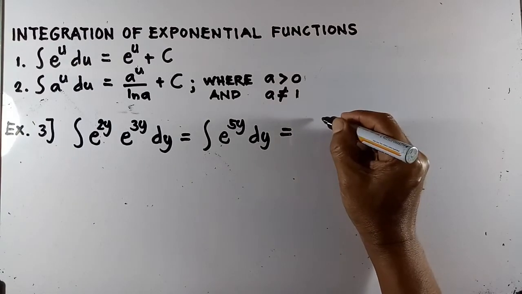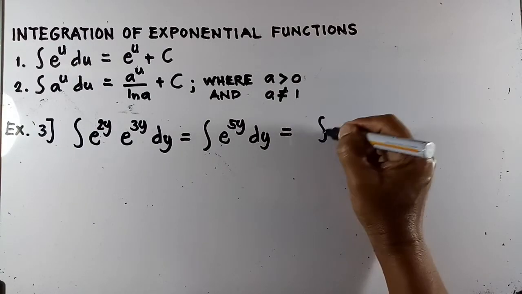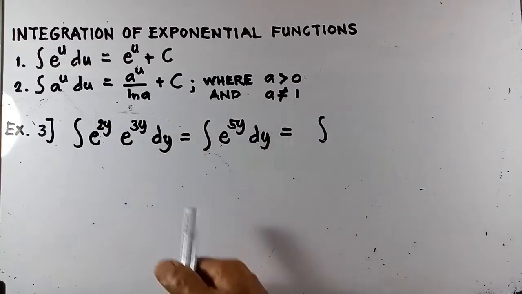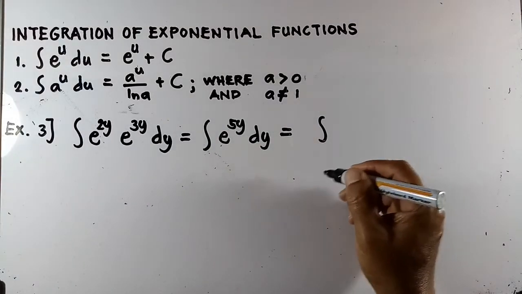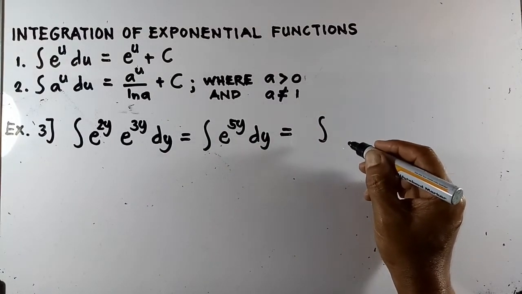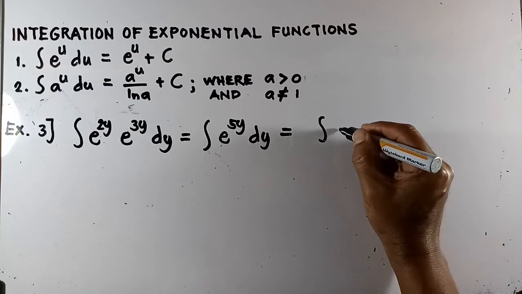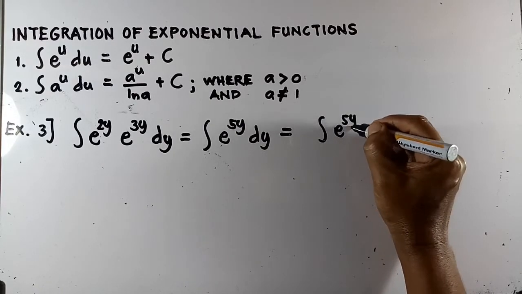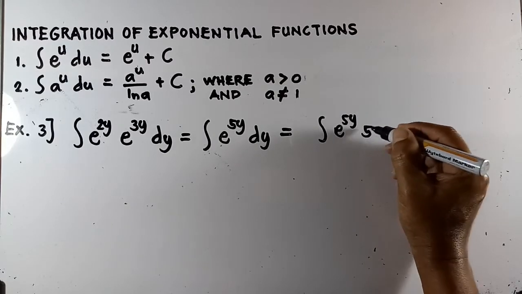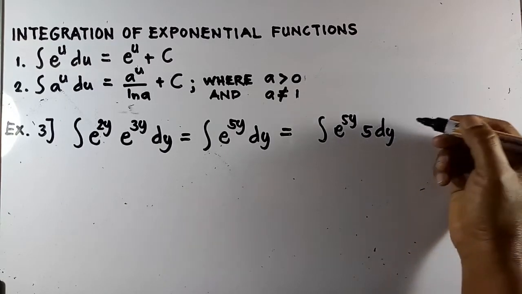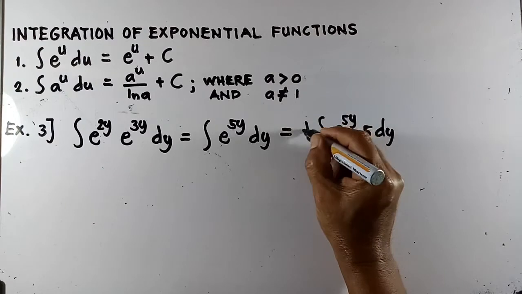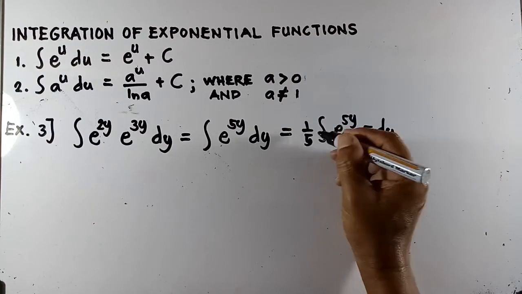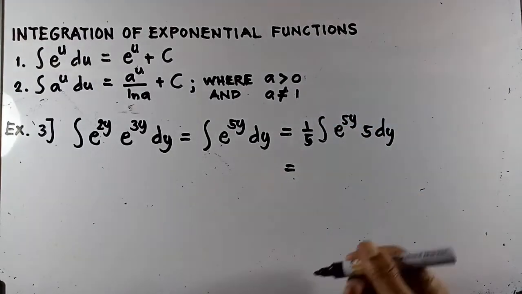So, dahil walang 5, no, derivative ng 5y, ang gagawin natin ay maglalagay tayo ng 5 doon sa ating integrand. So, e raised to 5y times 5 dy. And at the same time, magmumultiply din tayo ng 1/5 para hindi mabago yung problem, no?